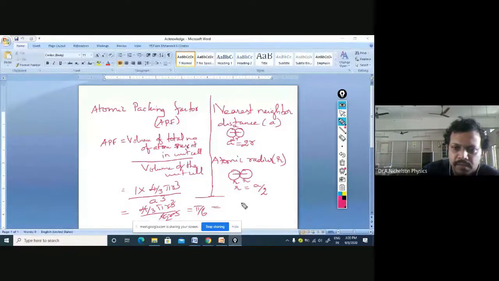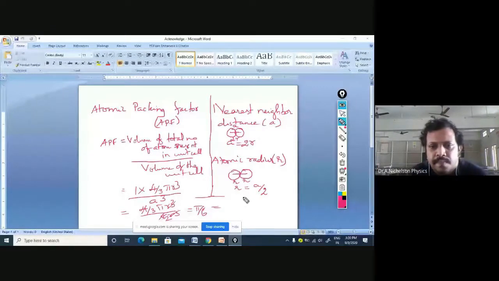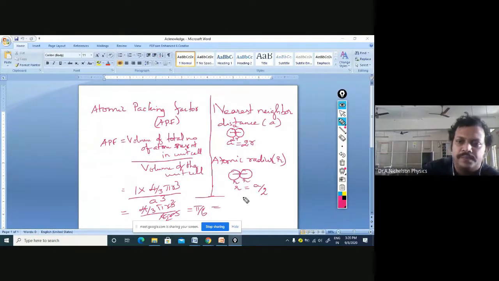So someone say the value for pi by 6. If you have a calculator, just find the value and say the answer. 3.14 divided by 6. Then we got the answer: 0.52, or you can say just 52%.